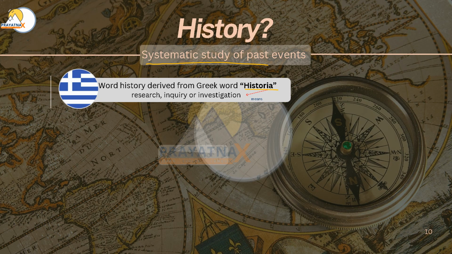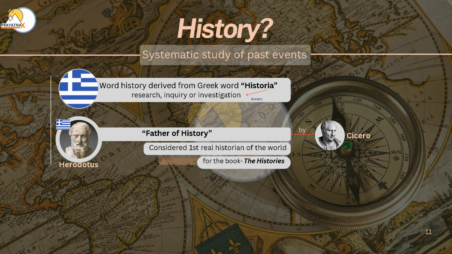The Greek historian Herodotus was the first real historian of the world. He wrote the book called the Histories, which describes the background events of the Greco-Persian wars. Sorry, he was a Greek philosopher, and he was given the title of Father of History by Cicero, who was a Roman philosopher.